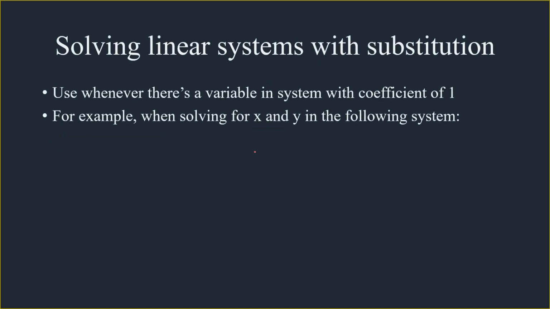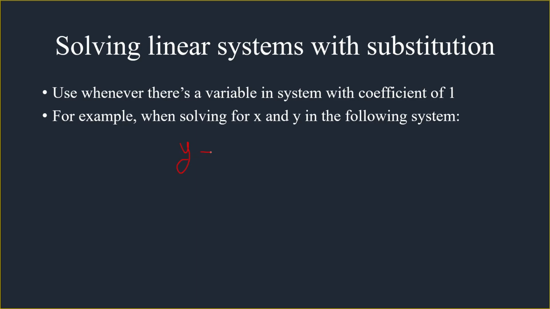Now here comes the question: how can we solve a linear system with substitution? We know there is a variable in the system that has a coefficient of 1. Let's write a system here.